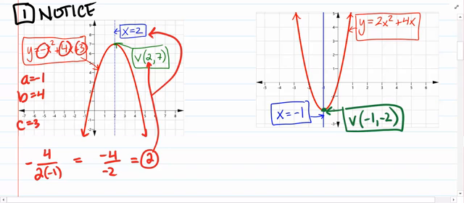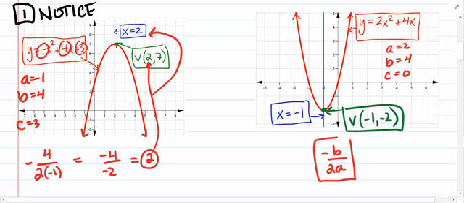Okay, I'm going to do the second one over here. See if you can follow along. The value of a is 2, the value of b is 4, and the value of c is 0. So if I take -b over 2a, this very special relationship, I would get -4 divided by 2 times the value of a, which is 2, which gives me -4 divided by 4, which gives me -1.